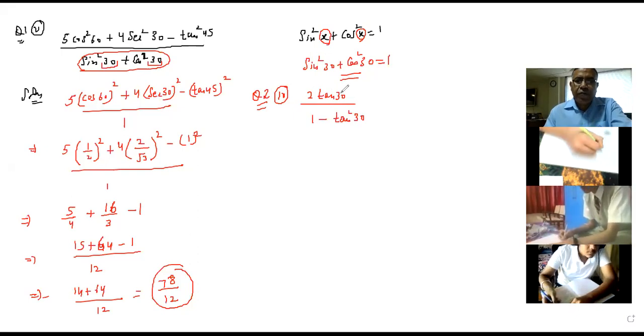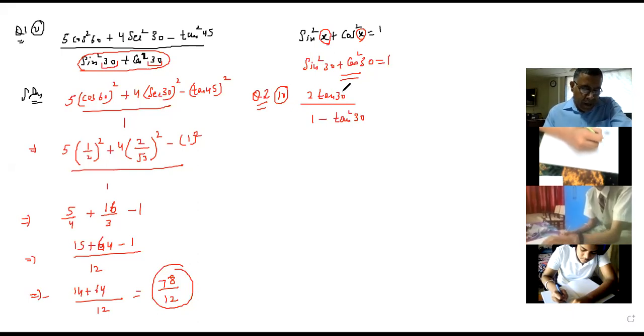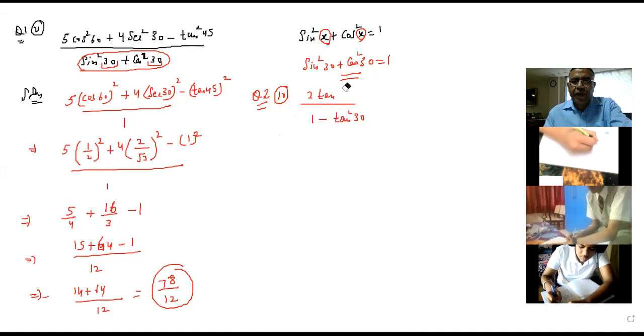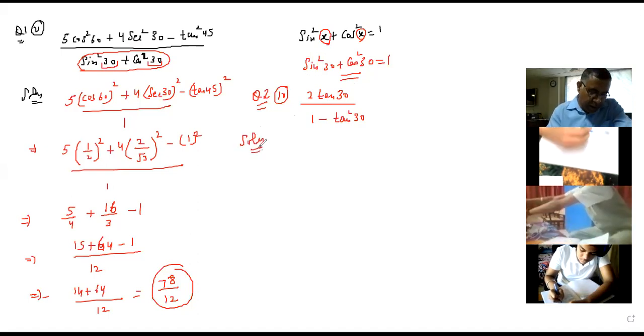I want to find out the value and match it with the help of the options which are given. A option cos 60, B option sin 60, C option tan 60, D option sin 30. I have to match the value with those options. Note this first, then tell me so that I can start with the next question.